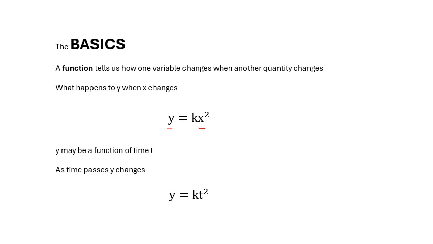So we say y is a function of x, yeah? And that means that the value of y depends on the value of x. Y is a function of x. And x might actually be time. So y is a function of time. So as time passes, y changes, yeah? Y is a function of time.